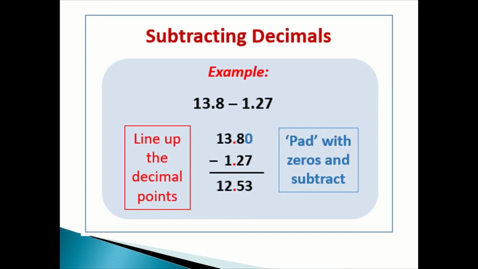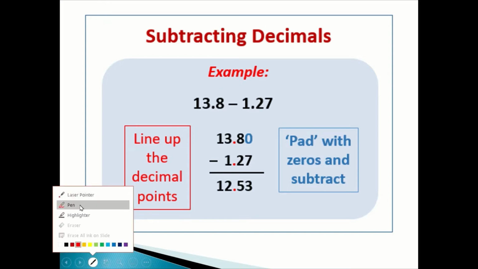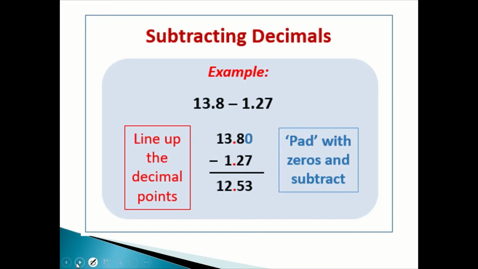Subtracting decimals. So here we have one example below how to subtract decimals. Okay, so let me give you the details. Given 13.8 subtract minus 1.27, that means we are going to subtract 1.27 from 13.8. And now we align or we line up the decimal points.